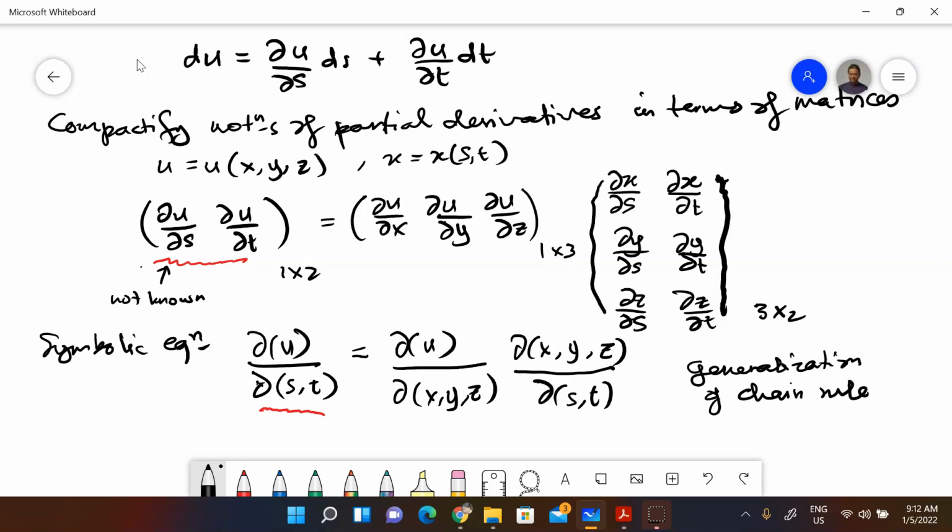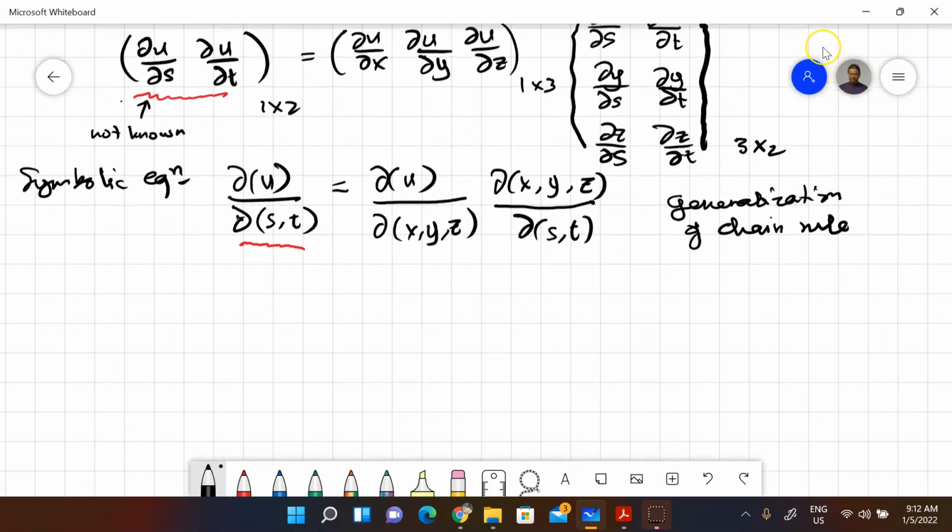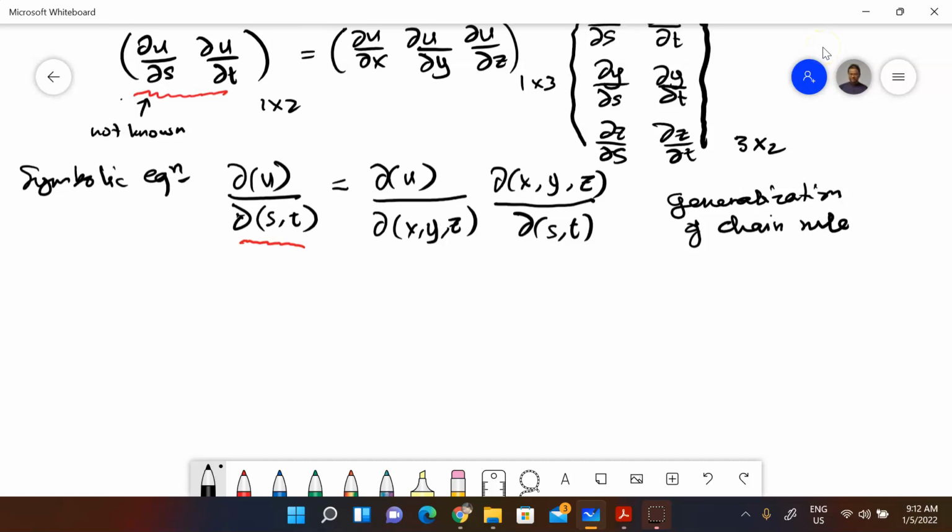There's a bit of a cautionary note. This notation should not be confused with some other thing that you have learned. Maybe I should indicate: this is that, and this is that.